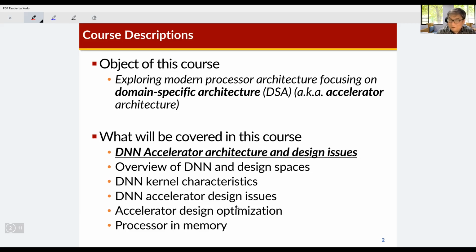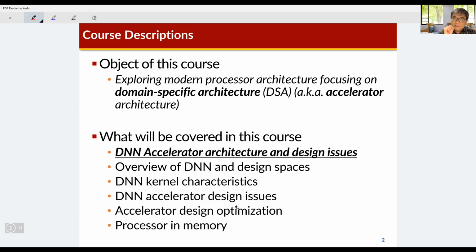So if you are interested in a specific neural network algorithm, then please take other courses like deep neural networks or machine learning. So I will slightly cover and teach an overview of deep neural networks and the design spaces.